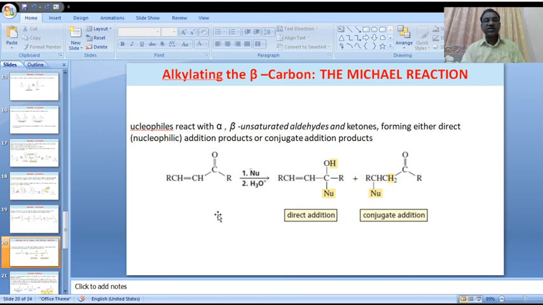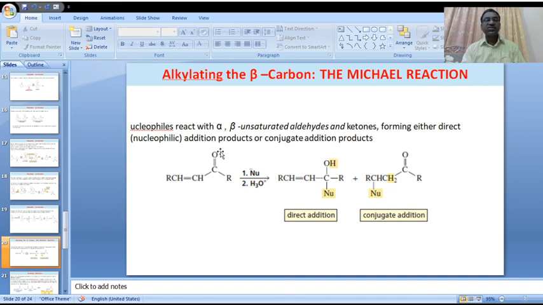In the presence of acidic hydrolysis, the nucleophile attacks the carbonyl carbon, and immediately the pi bond is cleaved. The pi bonded electrons are attracted by oxygen, which gets negative.